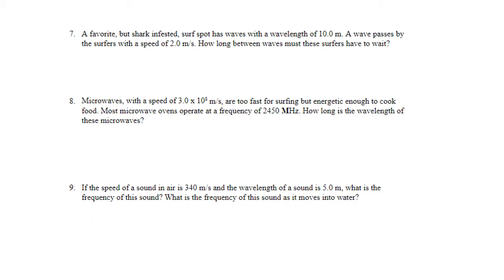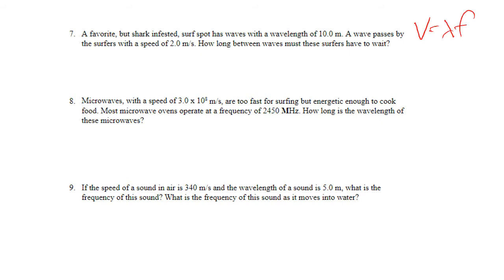A favorite but shark-infested surf spot has waves with a wavelength of 10 meters. A wave passes by the surfers with a speed of 2. How long between waves must the surfers wait? Okay, so what do we know? We're going to be using v equals lambda f here.